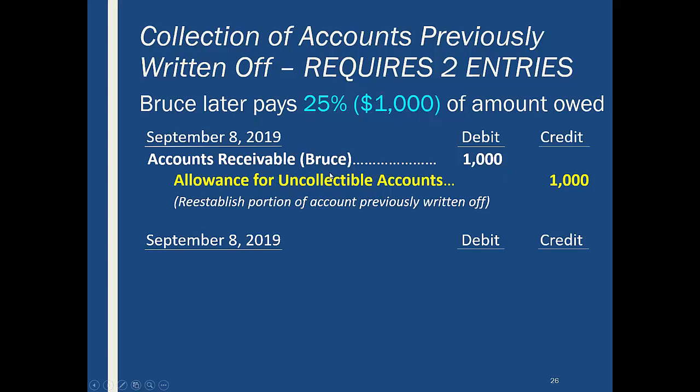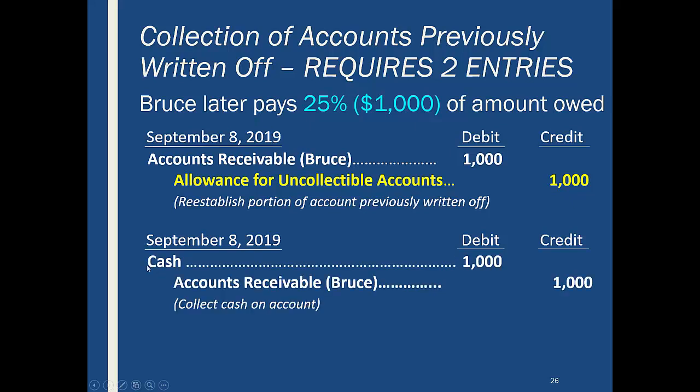We're also going to put it back in the allowance account because we don't have to take that money out of that cookie jar. Then we're going to put the cash that Bruce gives us, the $1,000, in our cash account, and we're going to reduce Bruce's accounts receivable by that $1,000.